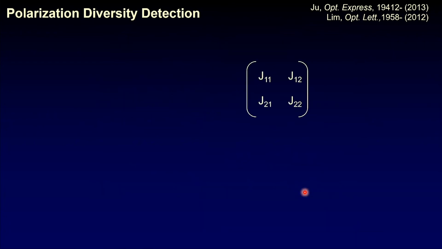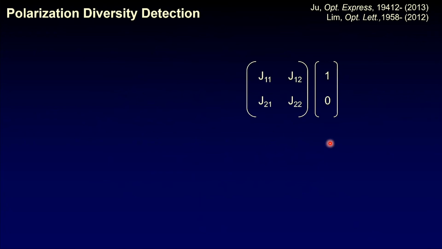Assume this one is a Jones matrix to be measured. First we illuminate a sample with the horizontal polarization. It's an incident polarization, maybe P polarization. We denote it as P polarization in this notation, and in a Jones vector, it is denoted as 1, 0.